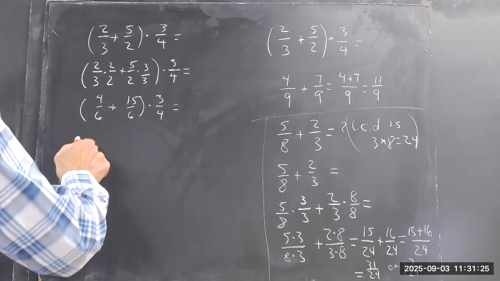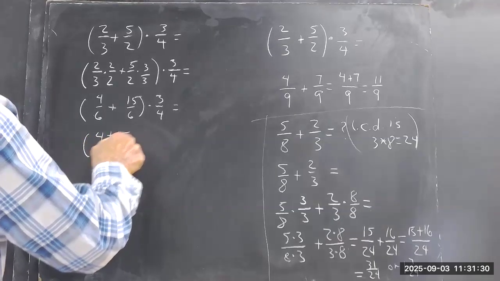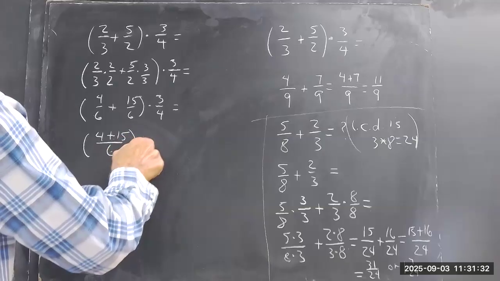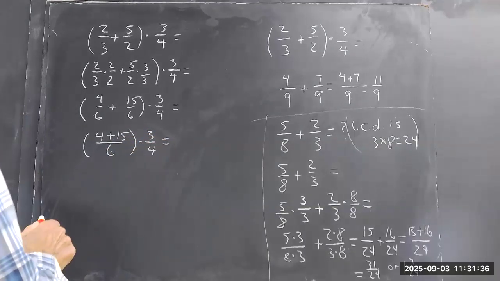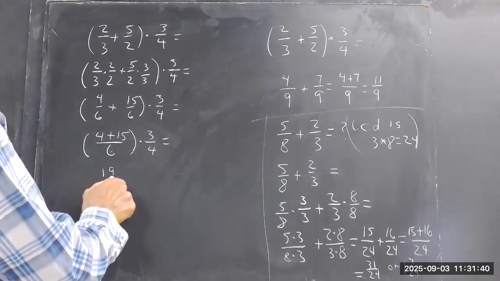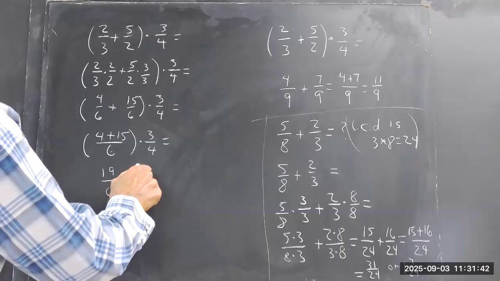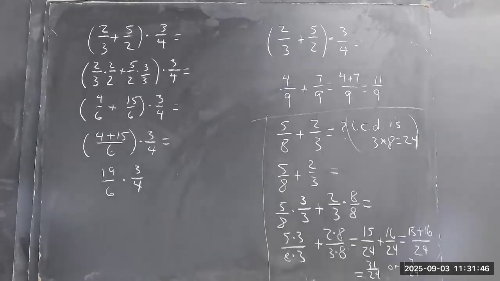Okay, 4/6 plus 15/6 is 4 plus 15 over 6. And we're multiplying by 3/4. And 4 plus 15 is 19, so we have 19/6. We don't need the parentheses anymore. That's times 3/4.